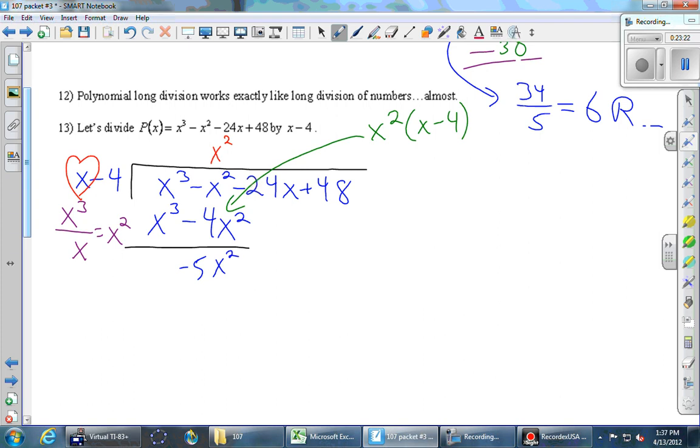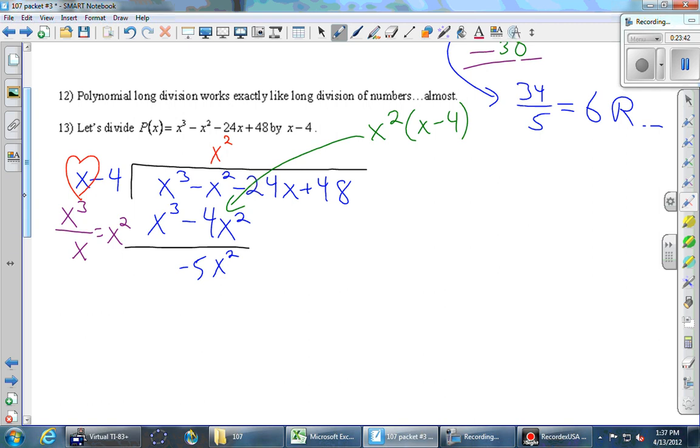You're going to question me, Sam? Sam says 3x squared. Eliza says no. It's negative 1 minus 4. I got minus 5. Subtract it.